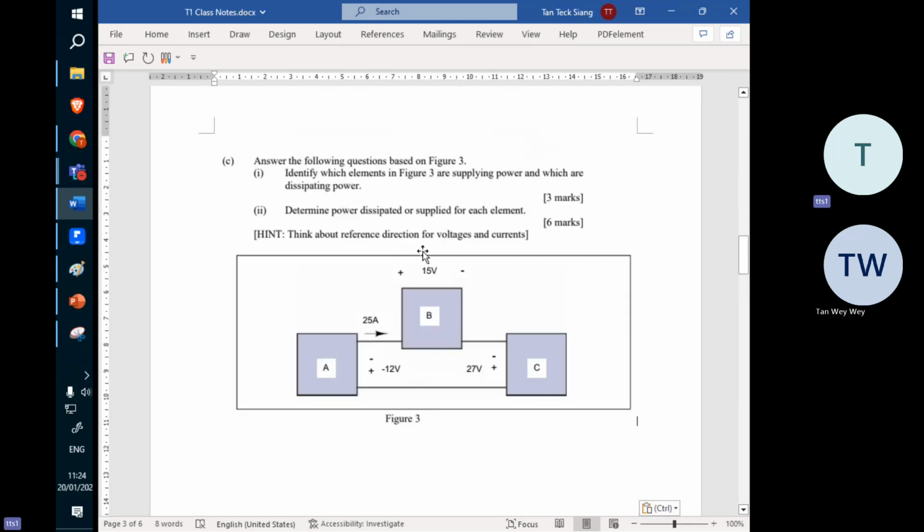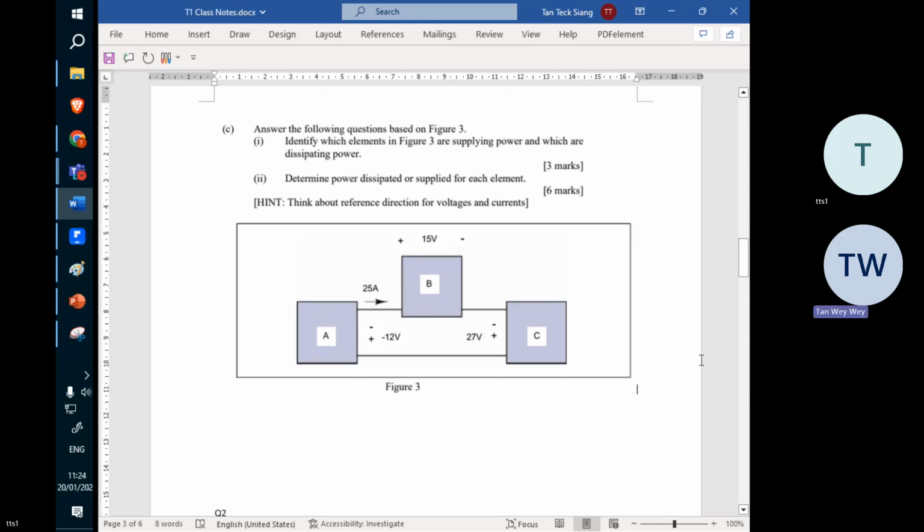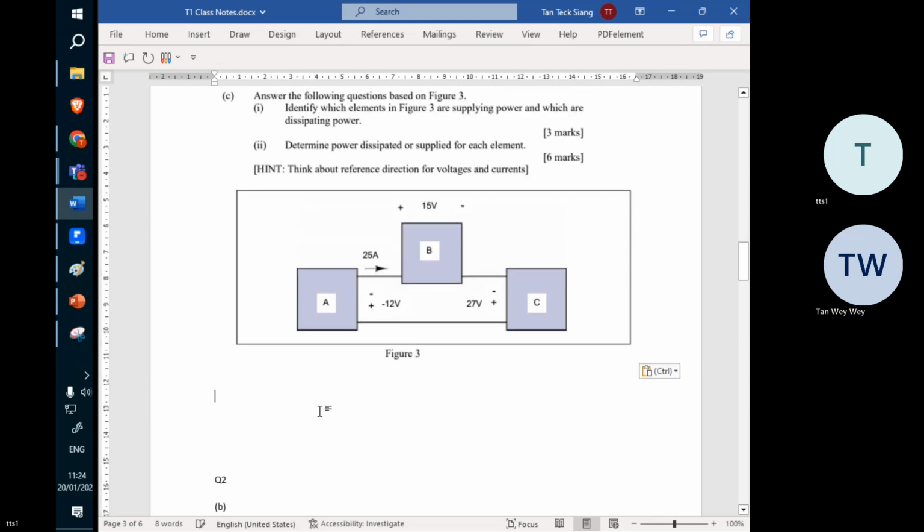Okay, so this is what your answers will look like. Let me tell you how to answer this question. I use the character element A equal to what?